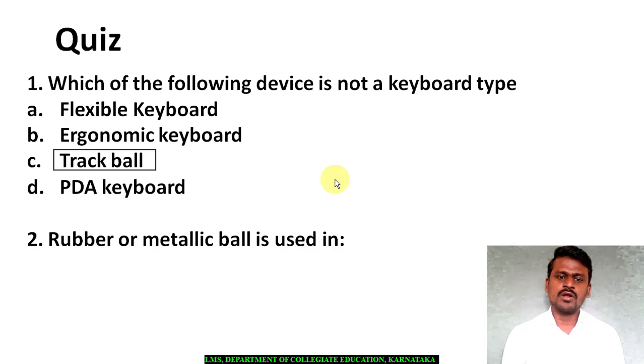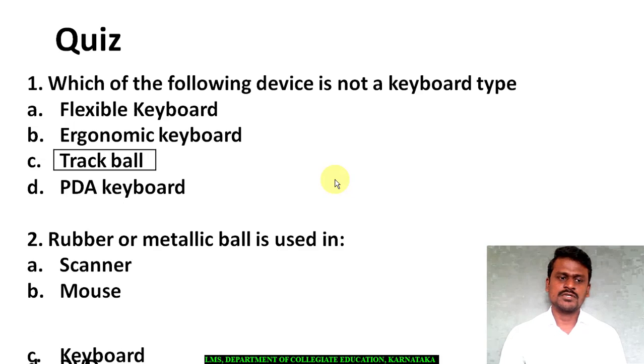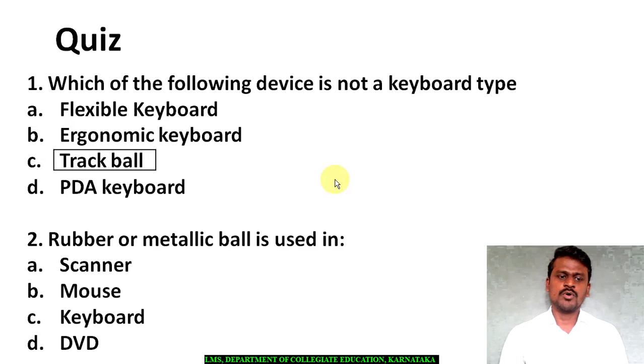Next, rubber or metallic ball is used in option A, scanners, option B, mouse, option C, keyboard, option D, DVDs. In which of the following is the rubber or metallic ball used? Any guesses? Yes, answer is mouse.